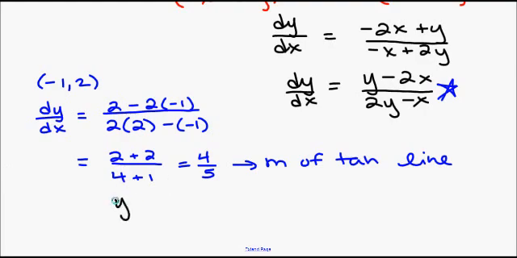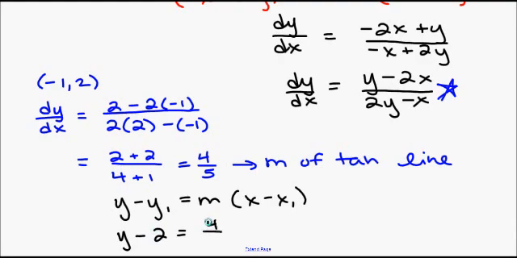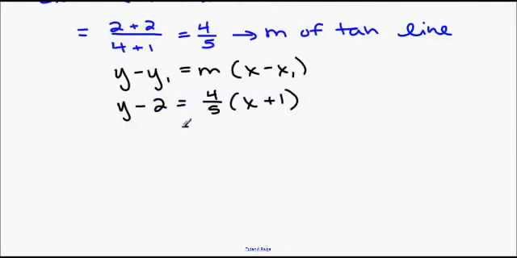So we have y minus y1 equals m(x minus x1), which gives us y minus 2 equals 4/5 (x plus 1). Okay. Distribute that 4/5, so we have 4/5 x plus 4/5. It's y minus 2.